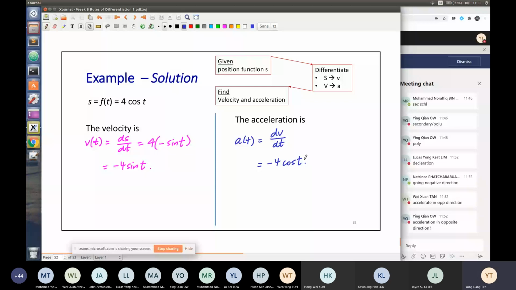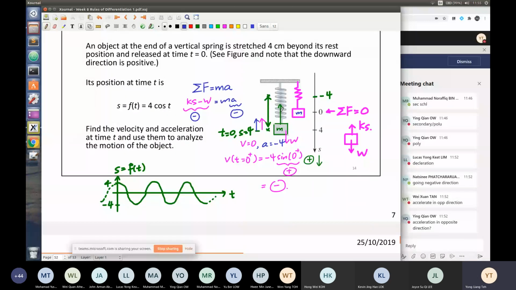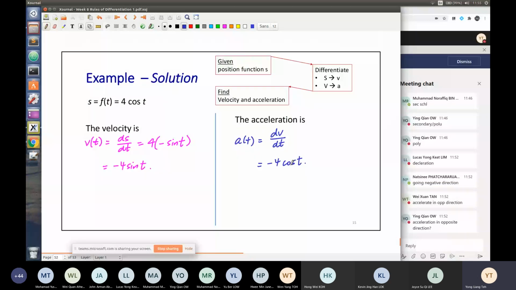After it overshoots its zero position, it's going to get pushed down by the spring. So now the acceleration becomes in the positive direction. So once again, the acceleration is also fluctuating between positive and negative values, hence giving us this cosine t function. Questions on this example?